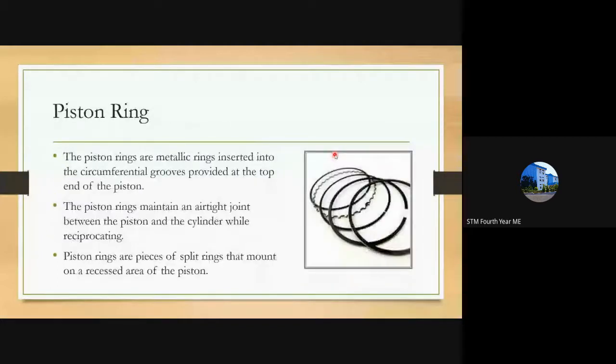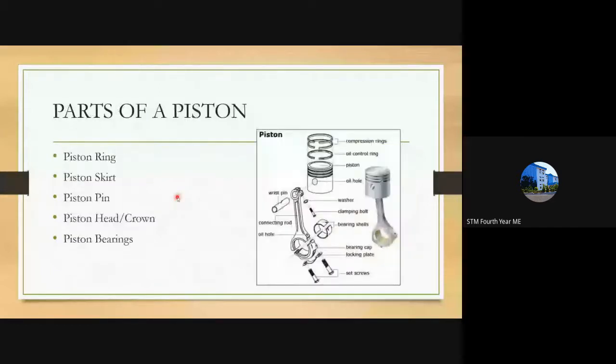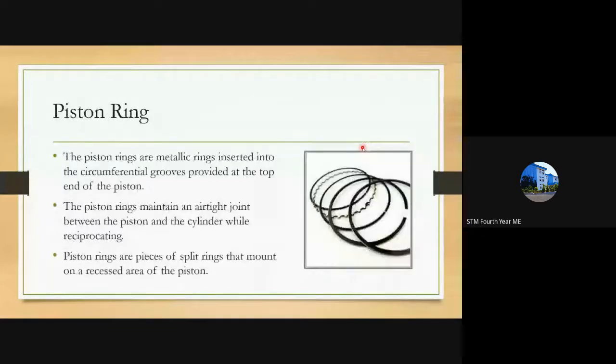Piston rings are metallic rings inserted into the circumferential grooves provided at the top end of the piston. So we saw that the piston rings are fitted into the grooves of the piston, and there are three rings: two compression rings and one oil ring.